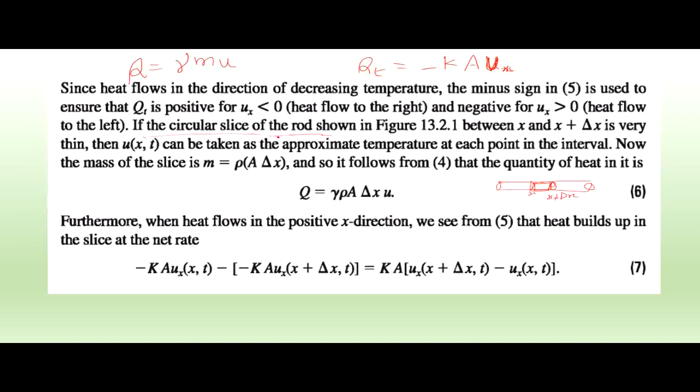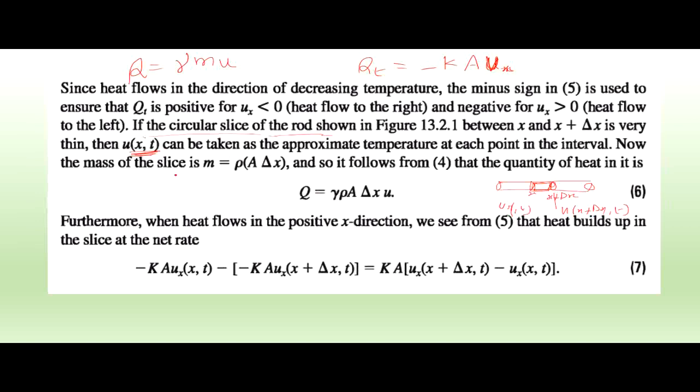If the circular slice of the rod between x and x plus del x is very thin, then u, the temperature, can be taken as the approximate temperature at each point. So here the temperature is u of x comma t, and here it is u of x plus del x comma t.